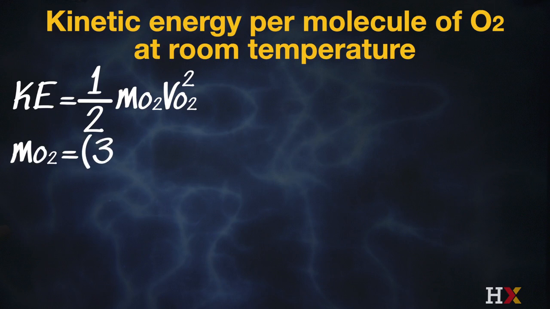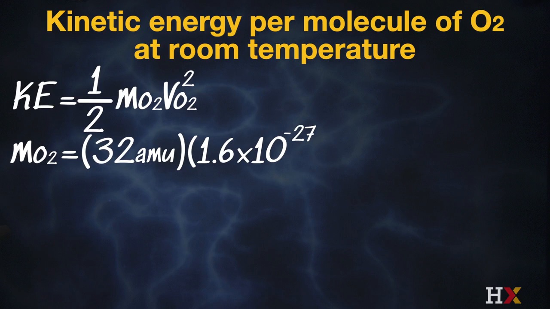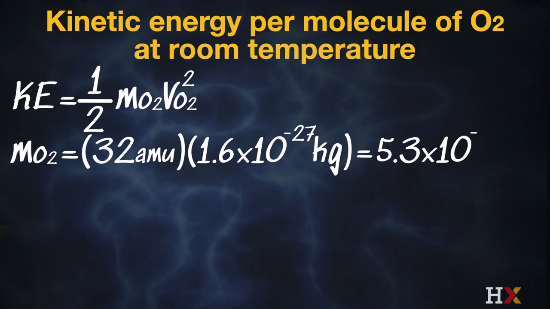That's 32 atomic mass units, and each atomic mass unit is 1.6 times 10 to the minus 27 kilograms. When I calculate that out, that gives me 5.3 times 10 to the minus 26 kilograms for the mass of that oxygen.